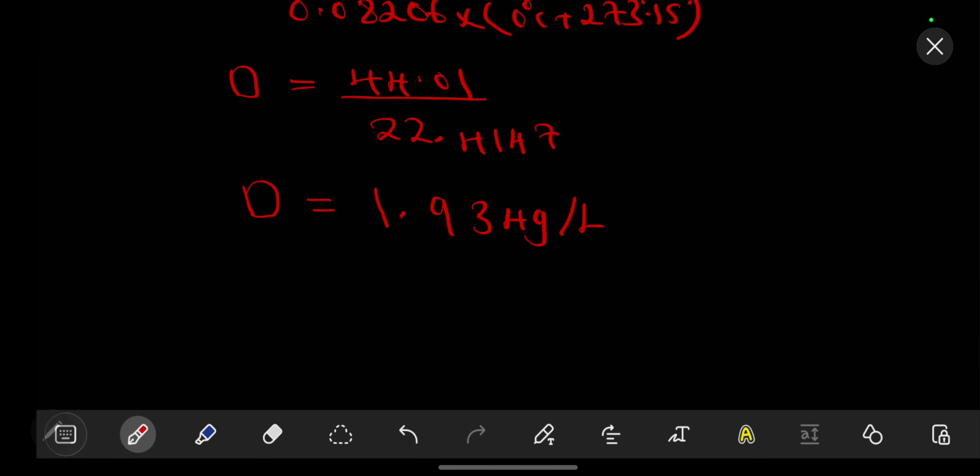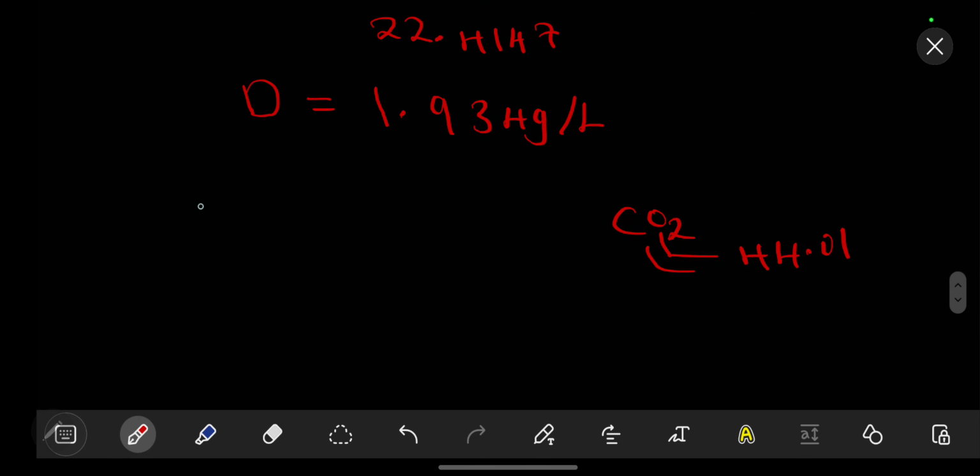Now how do you find the number of molecules? You use Avogadro's law. Carbon dioxide at STP has a molar mass of 44.01. So as long as you have a mass of 44.01 grams per given liter, you are always going to have Avogadro's constant, 6.023 times 10 raised to the power 23 particles, or rather molecules.